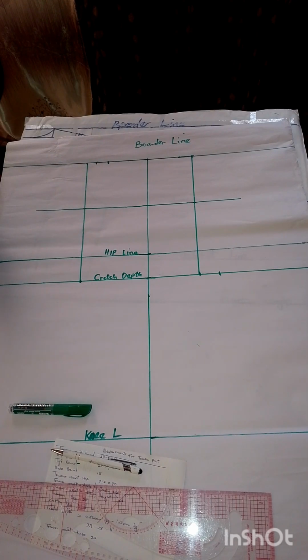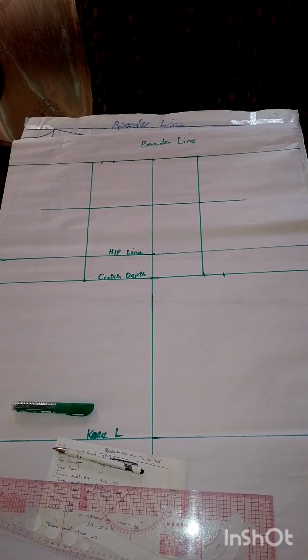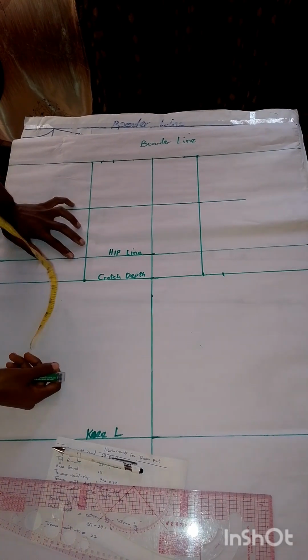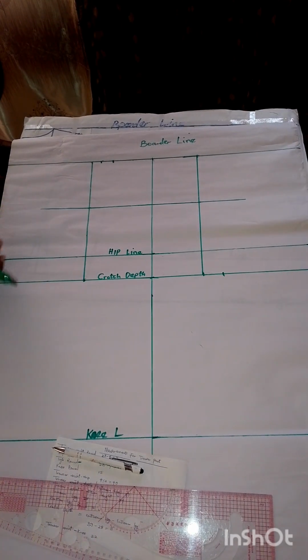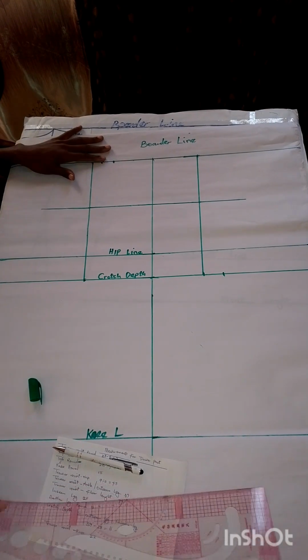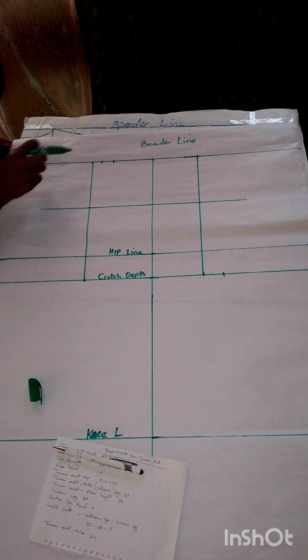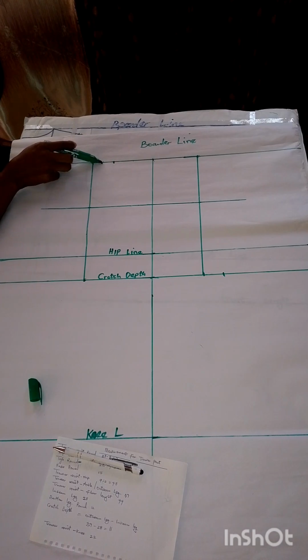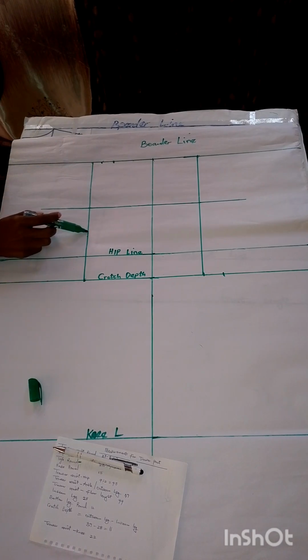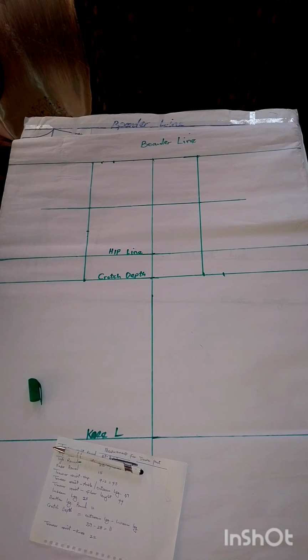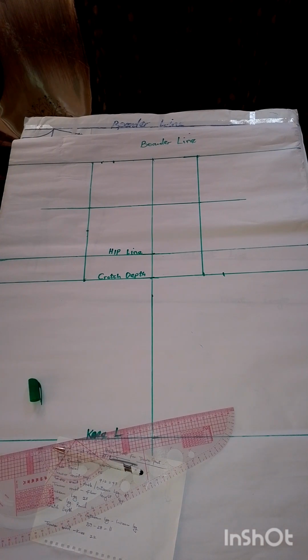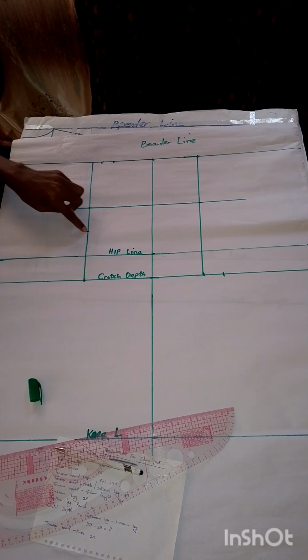So the next thing we are going to do now is to connect this point to the middle of here. From here to here, just get the middle, then you connect this point to that side.